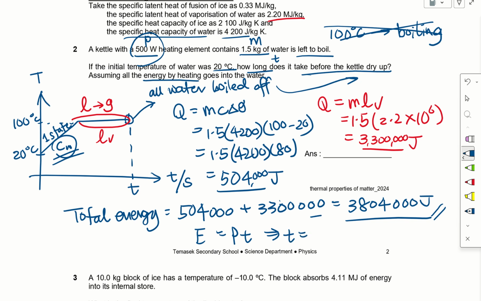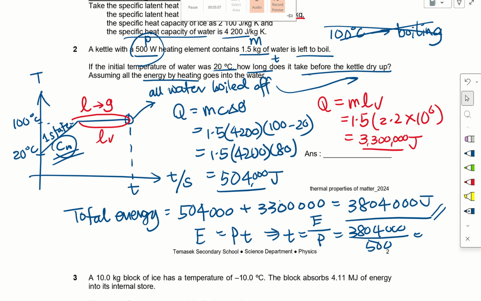So I will have energy over power, which is 3,804,000 divided by 500 watts, and the answer will be 7608 seconds. Then of course you convert it to 3 s.f., 7610 seconds.